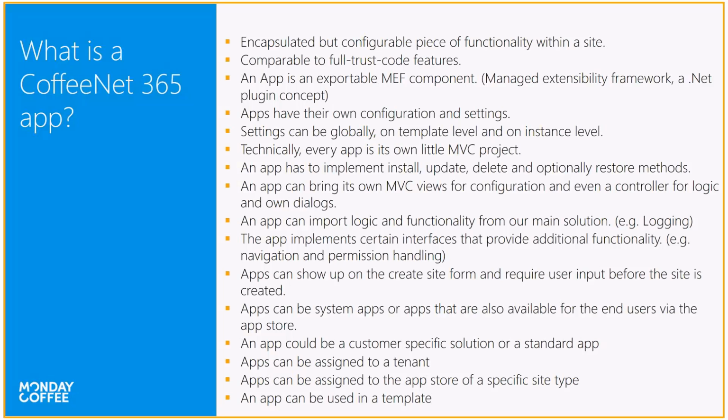So basically, an app, as we said earlier, is a simple piece of functionality within a site. You could probably best compare it to a full trust feature, if you're still used to that term. Features could have web parts, and they could have a list and during activation and all that. And that's pretty much comparable to our apps.